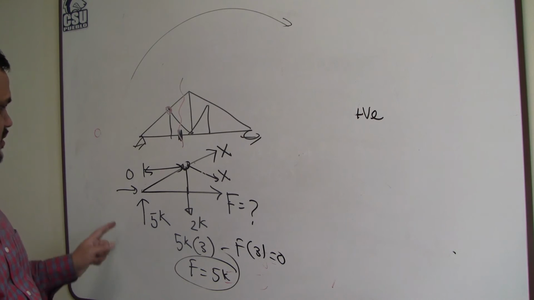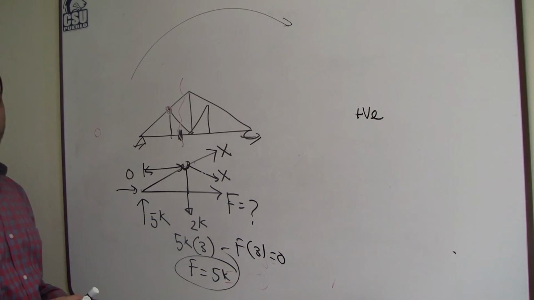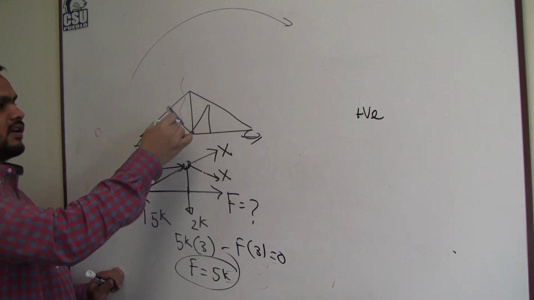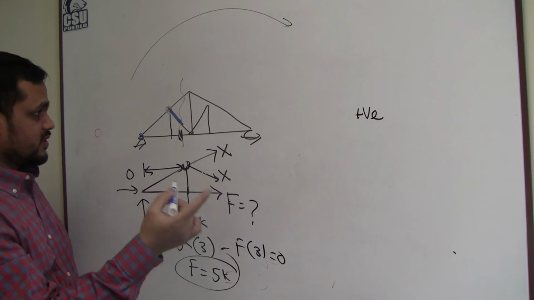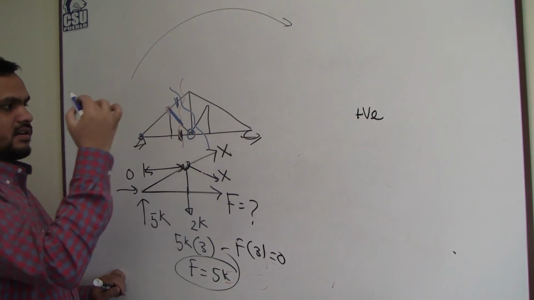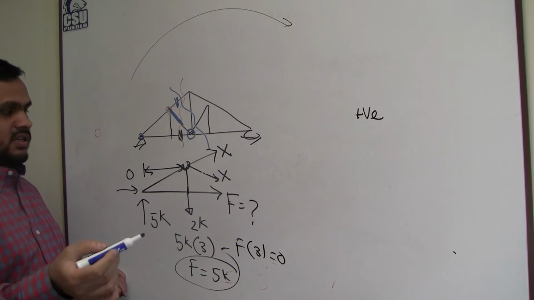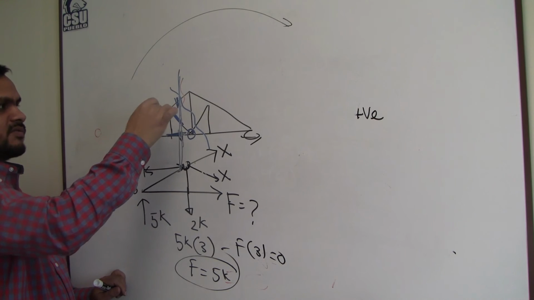Did I miss anything? No. So if the problem asks what is the member force in the diagonal, take moment here. If the question asks what is the member force here, cut here, take moment here. If the question asks what is the member force here, cut straight, take moment here.